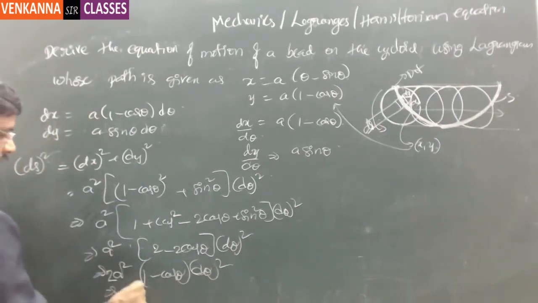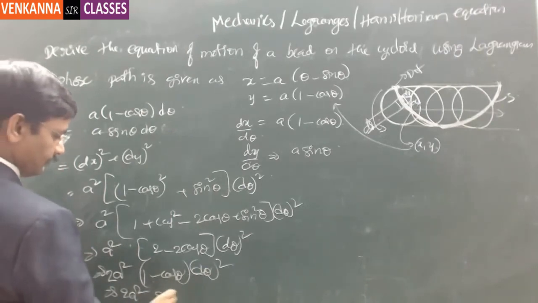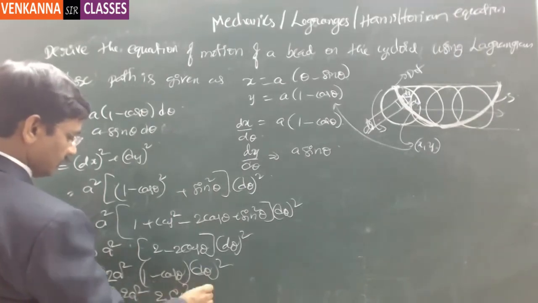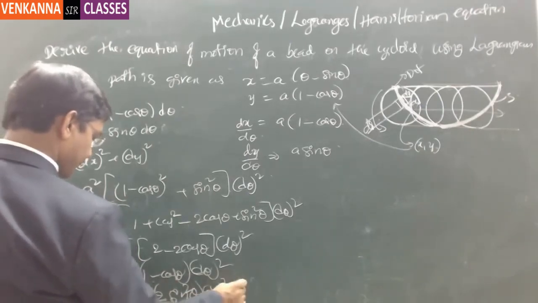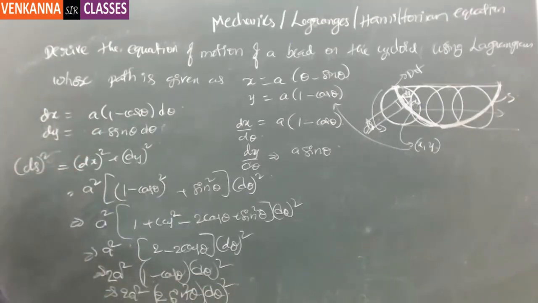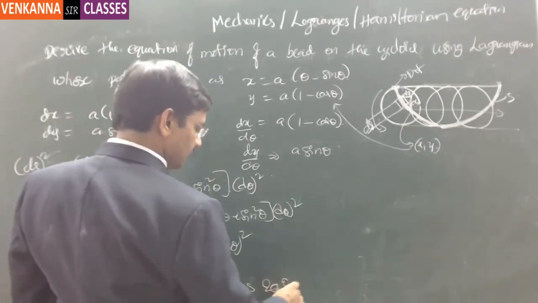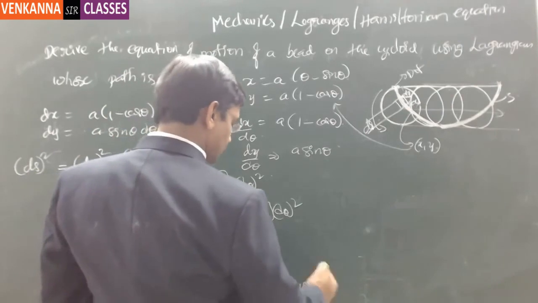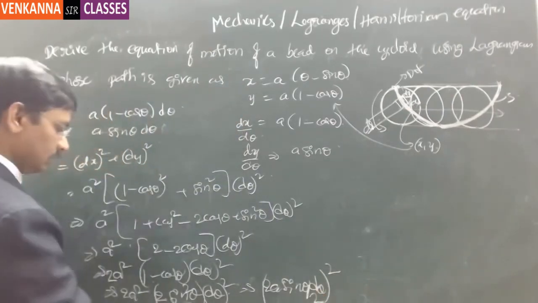So this is 2a square, and 1 minus cos theta can be written as 2 sin square theta by 2, into d theta whole square. So this is 2a sin theta by 2 d theta whole square. Sorry, it's not theta, it's theta by 2.